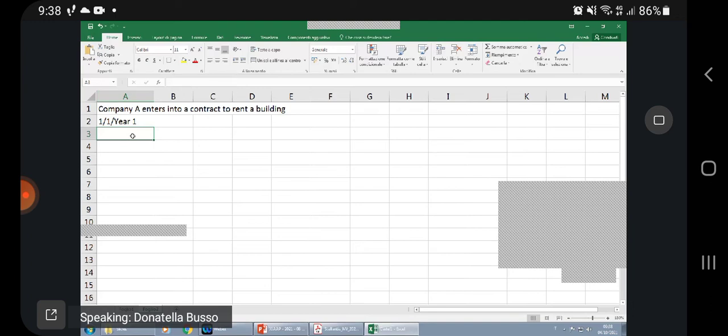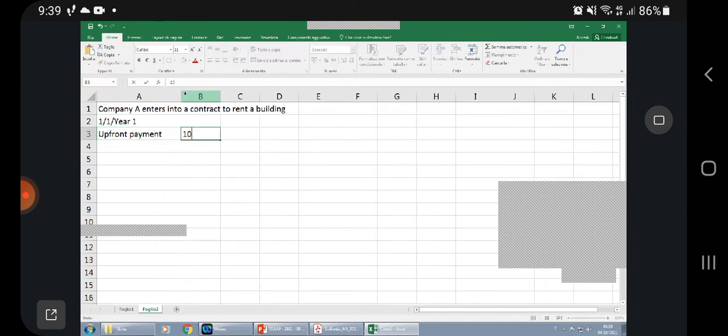Okay? Suppose that there is an upfront payment of, for example, 120. Then there are annual installments. Again, in our exercise, annual installment. As you can imagine, when you rent a building, but it's the same also when the tenant is a company, installments are not paid annually, are paid monthly in most of the cases.